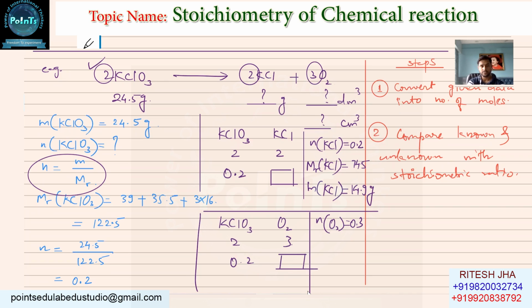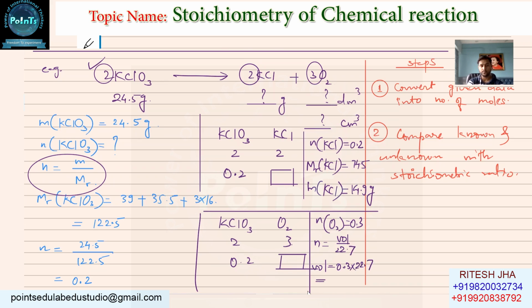We want volume. So how is the number of moles related to the volume of the gas? Mole with the 22.7 volume formula. Correct. So number of moles equals volume over 22.7, so volume will be equal to number of moles into 22.7. That is 0.3 into 22.7.